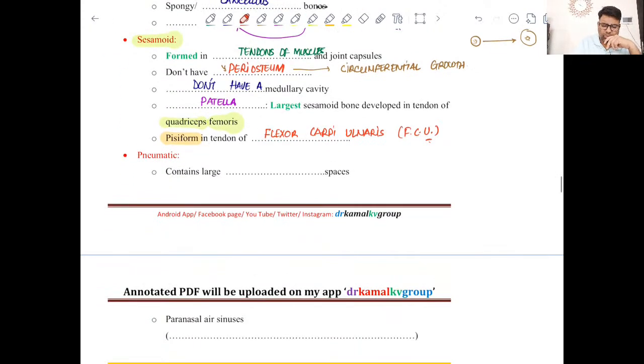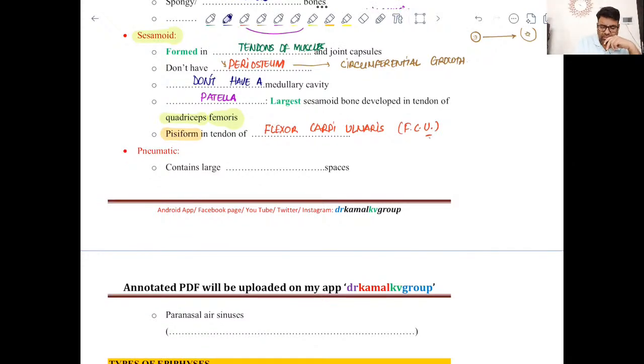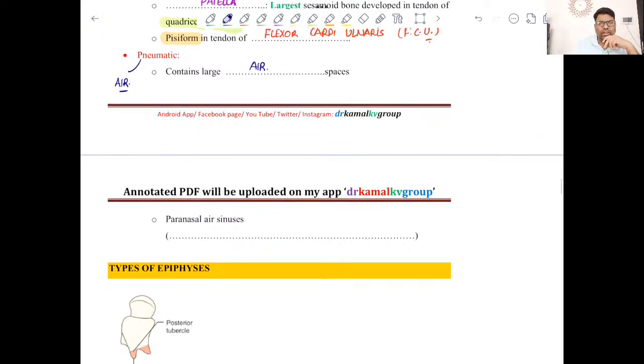Then there are certain bones in the body which contain air spaces. Pneumatic actually means air. So these contain large air spaces, and the classical examples are the bones of our skull which lie closer to the nose. Para means by the side.